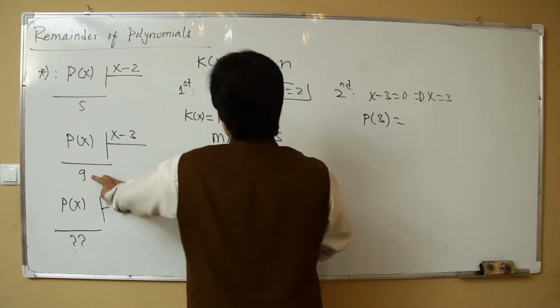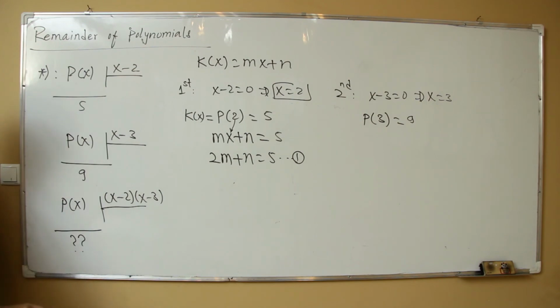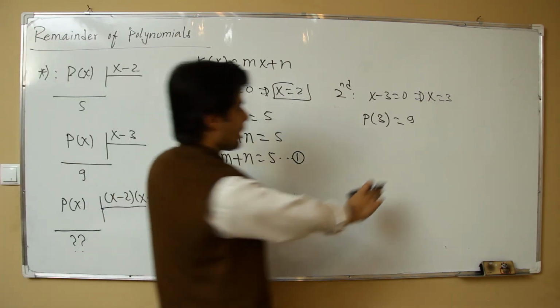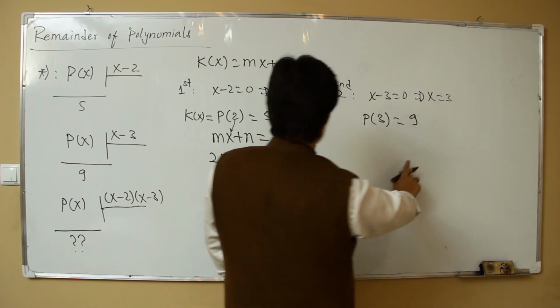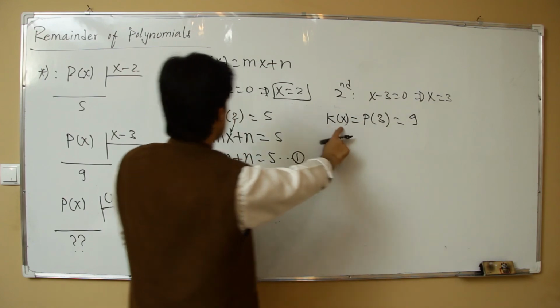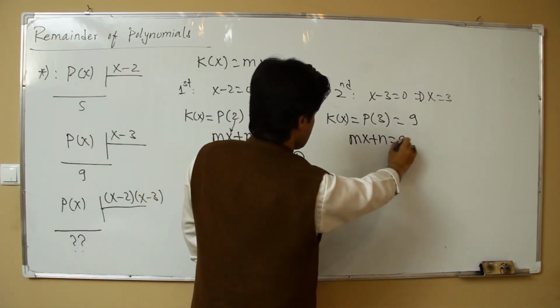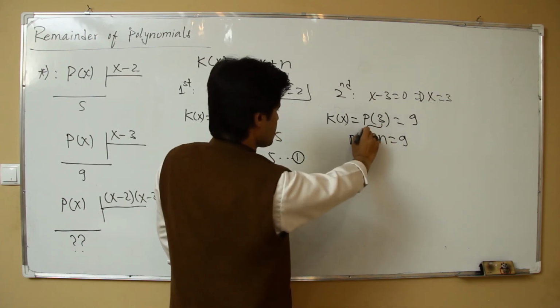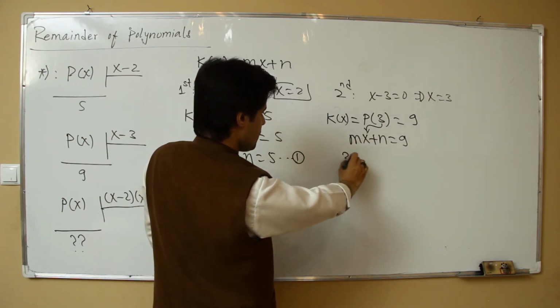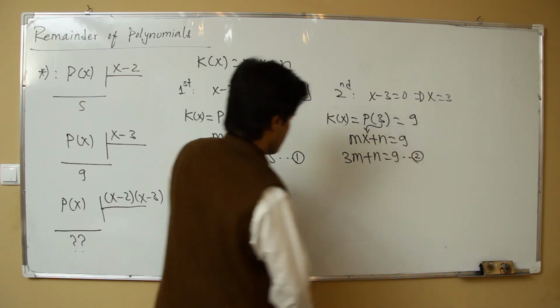Equal to 9. x equal to 3, put here p(3). p(3) is the remainder, and that is 9. Then instead of p(3), is this one k(x)? Yes. What is k(x)? mx plus n. It is 9. Instead of x, you put 3. 3m plus n, it is 9. This is the second equation.